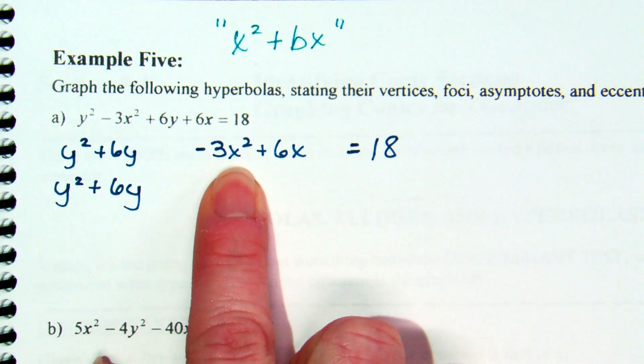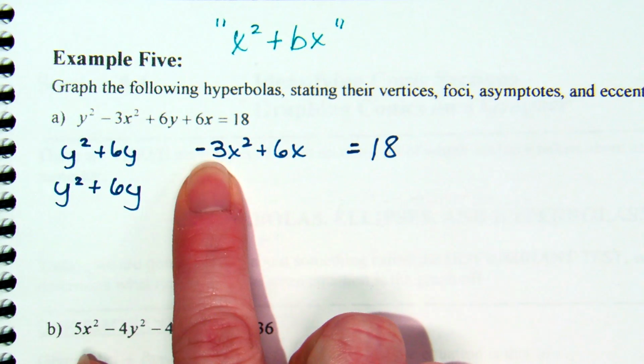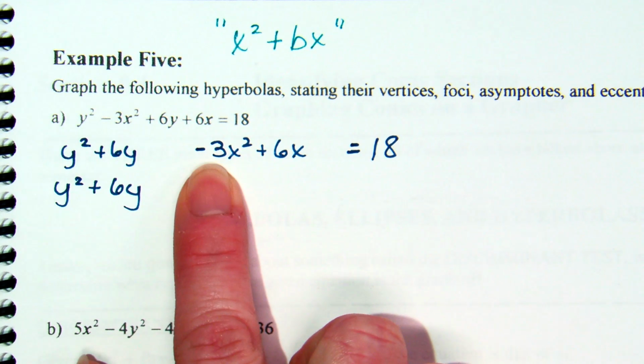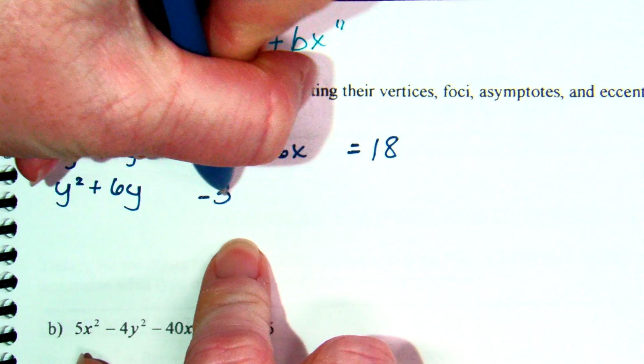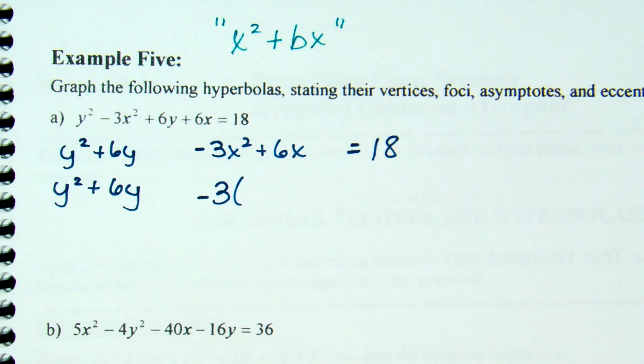Okay, except I'm not going to use the word divide. We're going to factor. And notice, it's not just the 3 I'm factoring. I'm going to factor out a negative 3. We need x squared plus bx for the form. So we're factoring out negative 3. Now, let me comment. If there was no number here, but there was still the negative, you would need to factor out the negative before you complete the square, even if that means just a negative 1 in a certain problem. Okay?